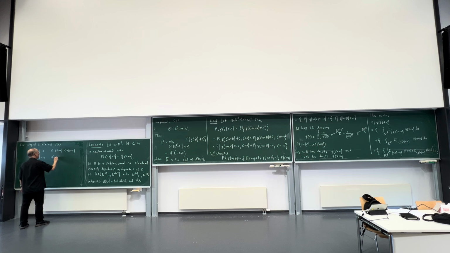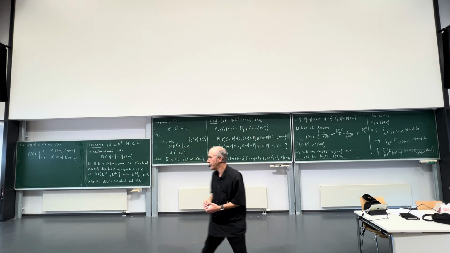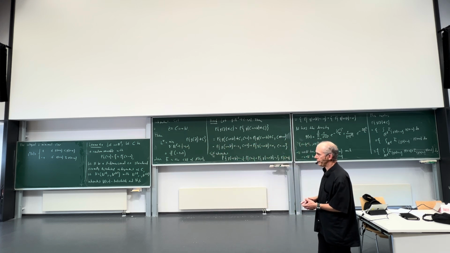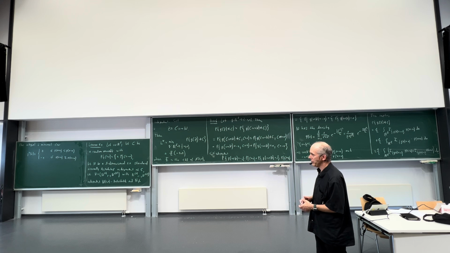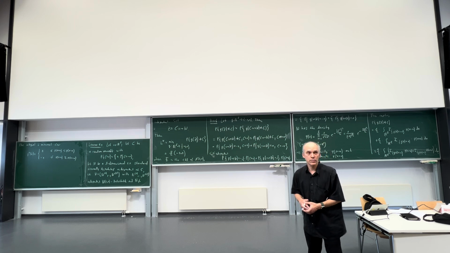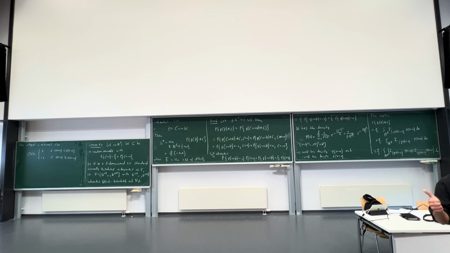And otherwise, phi of x plus u is greater or equal to phi of x minus u. And it doesn't matter where I write the equality here. So we found that a function exists, and we found it.